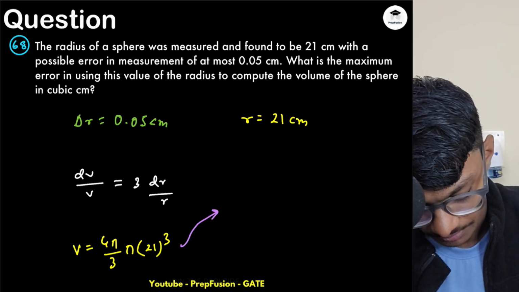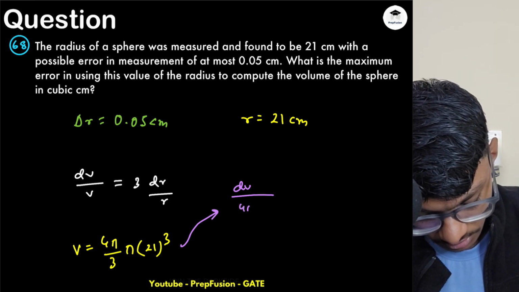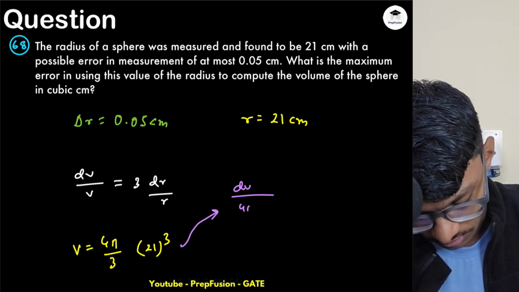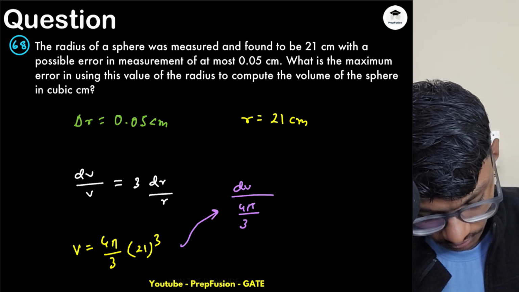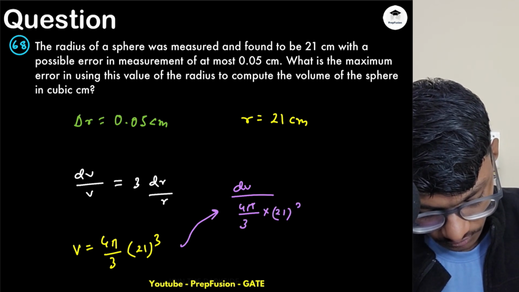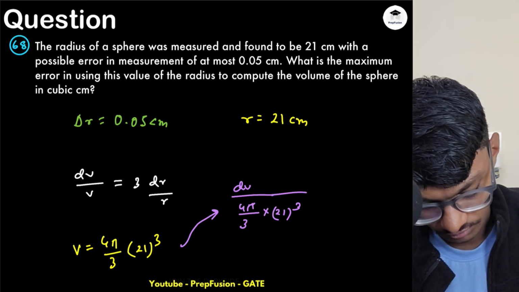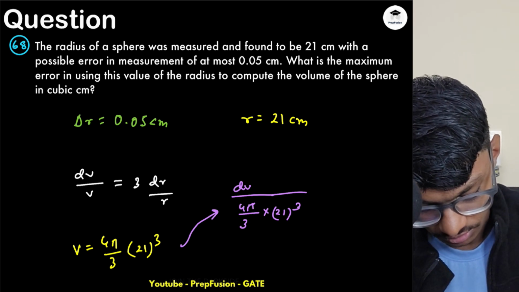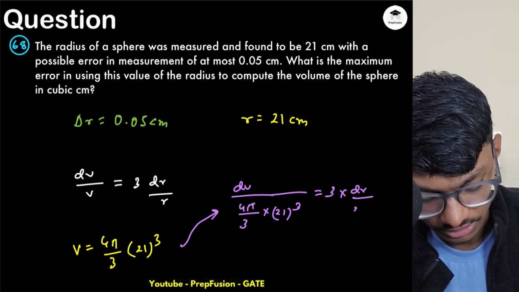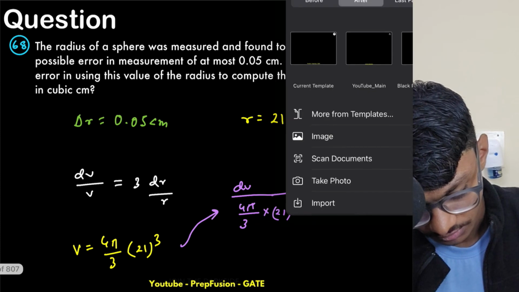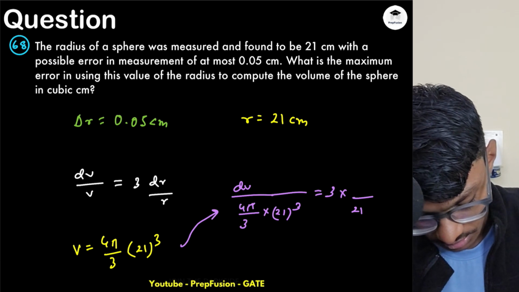So dv upon 4 pi by 3 into 21 cube equals 3 into dr by r. What is r? r is 21, and dr is simply 0.05.